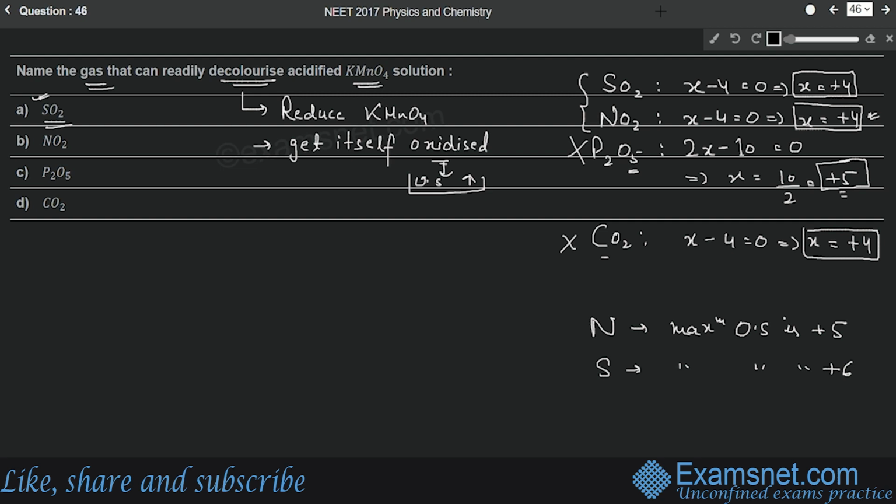That means sulfur will have more tendency to get oxidized as compared to nitrogen. Therefore, it will be able to readily decolorize the potassium permanganate solution. That means it will be able to reduce the acidified potassium permanganate solution. So the correct option will be option A.